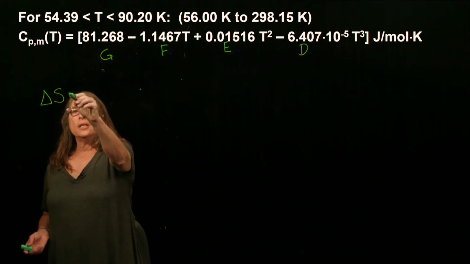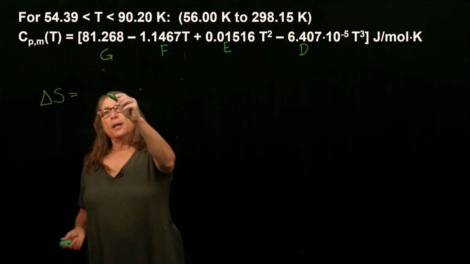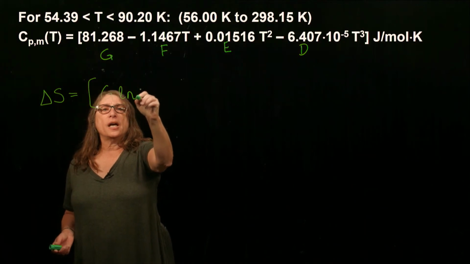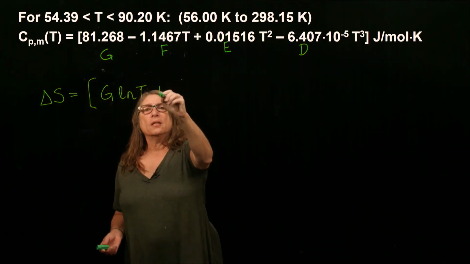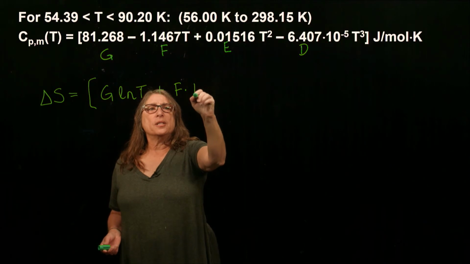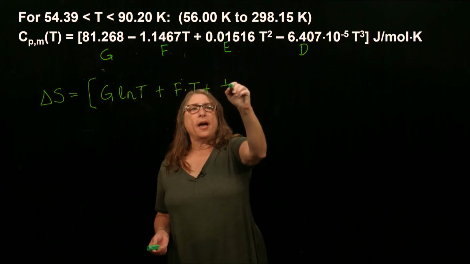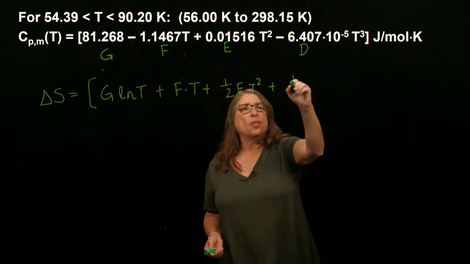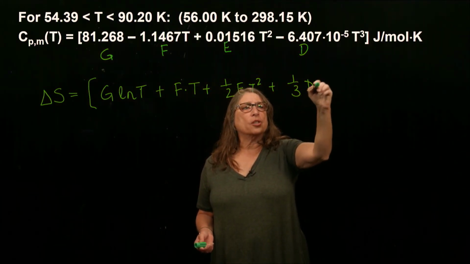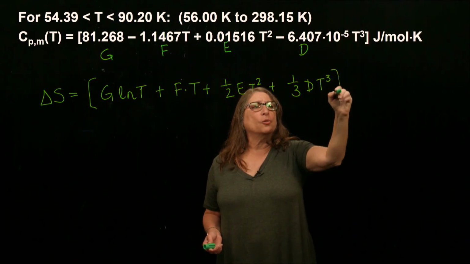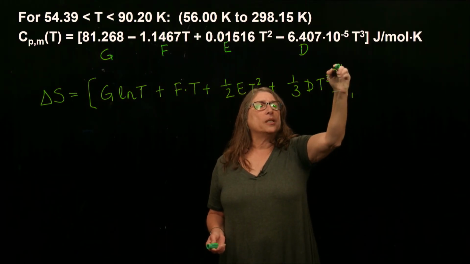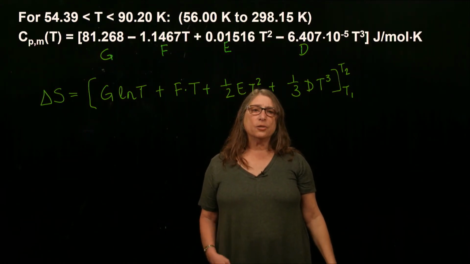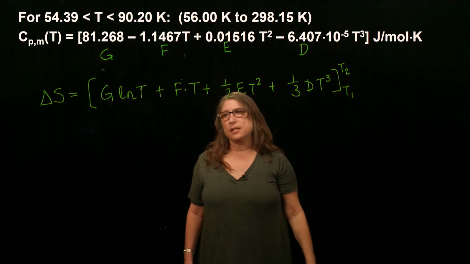The change in the entropy upon integration is our coefficient G times the natural logarithm of T plus F times the temperature plus 1/2 E times the temperature squared plus 1/3 our D coefficient times the temperature cubed, all evaluated between T1 and T2, which means you calculate the value at T2 and subtract off the value at T1.